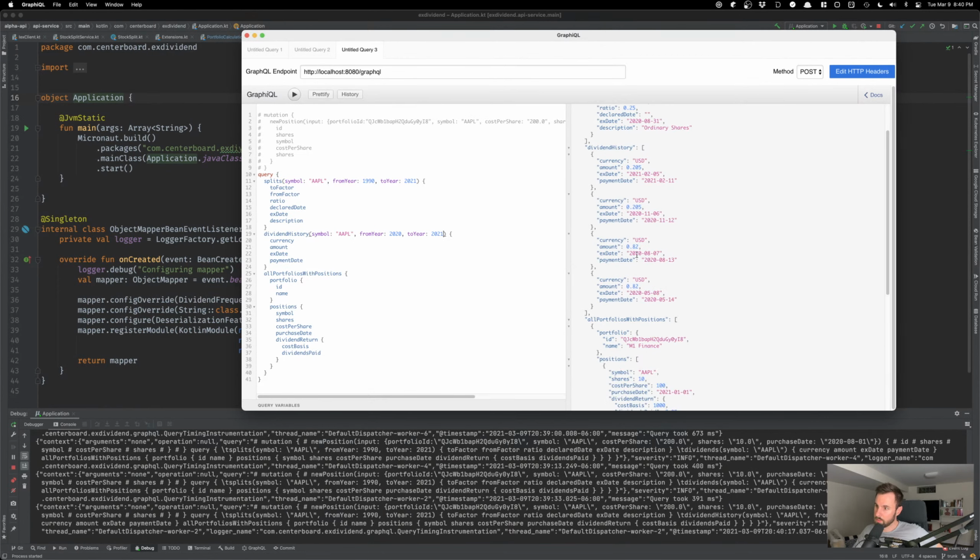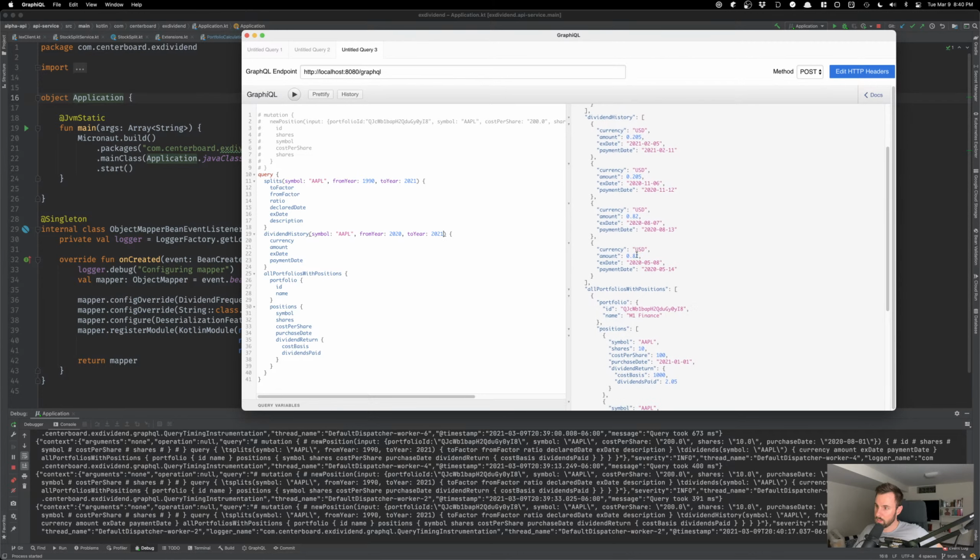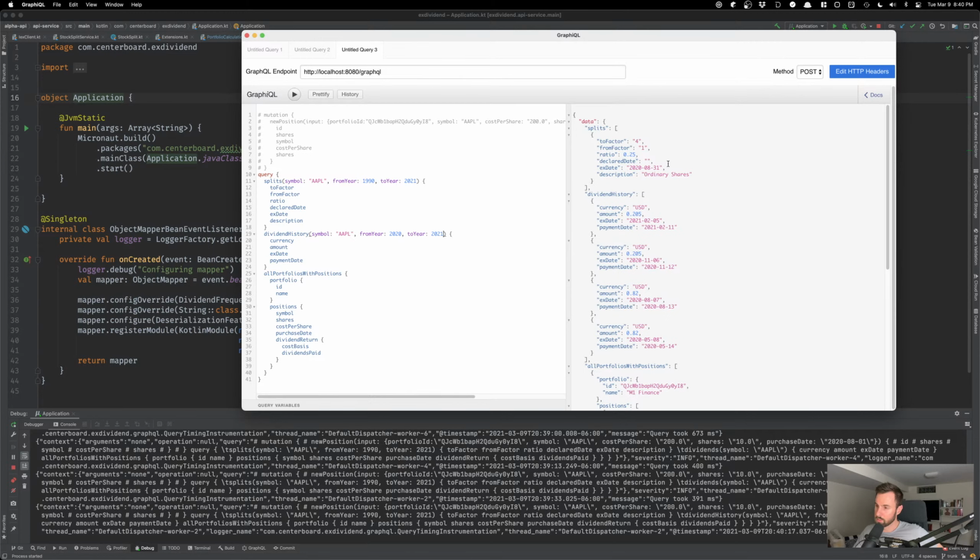Okay, so there's a bunch of dividends paid. And we can now calculate this and make sure it's all working.